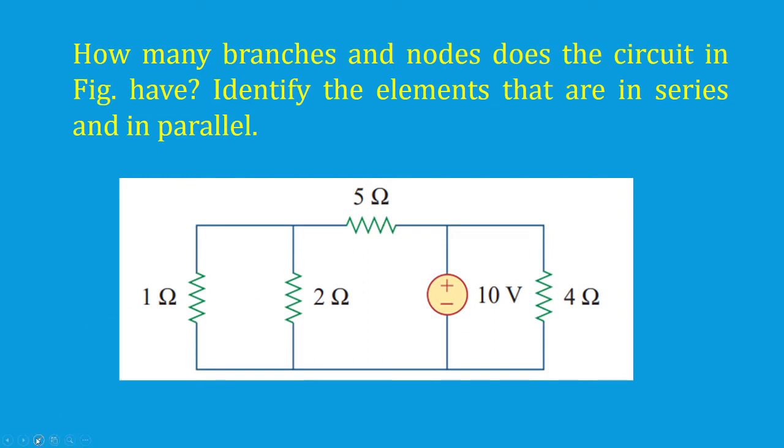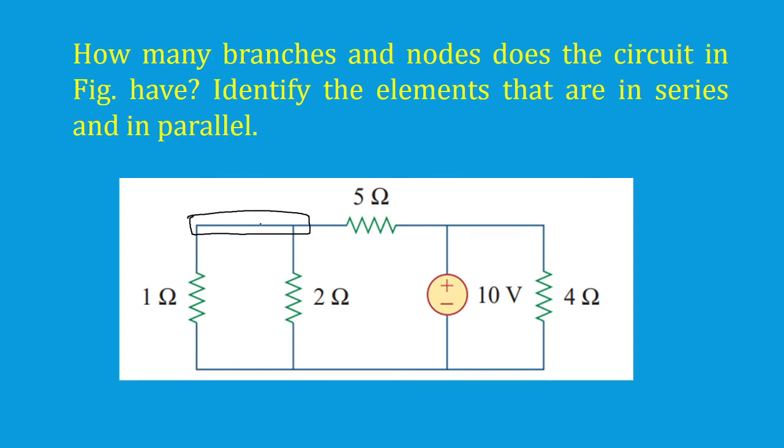Now to identify the number of nodes. So next your job is to calculate the number of nodes. Let's say I have a node here. You can see these 3 elements, the 1 ohm resistor, 2 ohm resistor and 5 ohm resistor, are all connected to the same node.